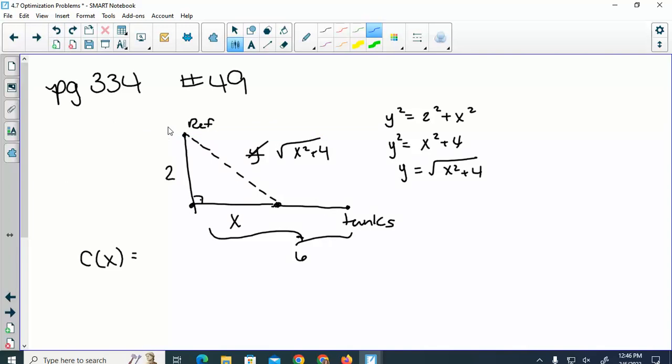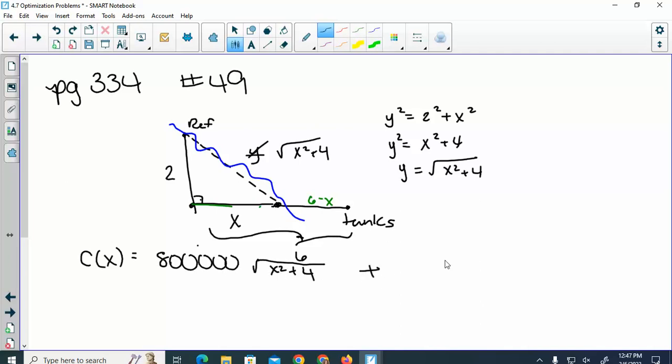So my water is here. We have to add in the cost underwater and then the cost across the land. Now, if this total distance is 6 and from here to here is x, then this distance would be 6 minus x. So my distance across the water costs 800,000, so it'd be 800,000 times the distance across water, which is the square root of x squared plus 4.